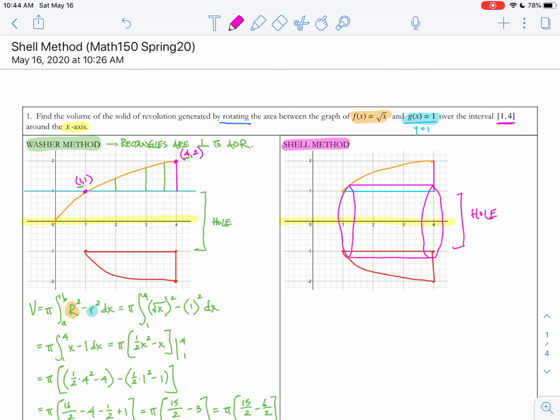Now what I can tell by that is that my shells sort of expand up or out. That means that I'm going to be using dy because these heights of the shell are being stacked up the y-axis. All right, so let me set up my formula here.